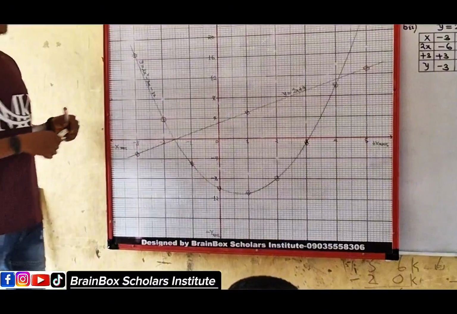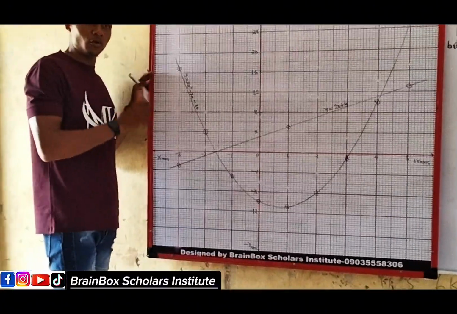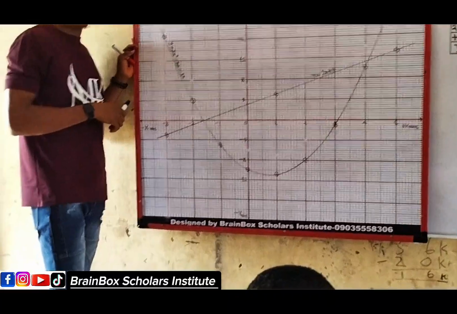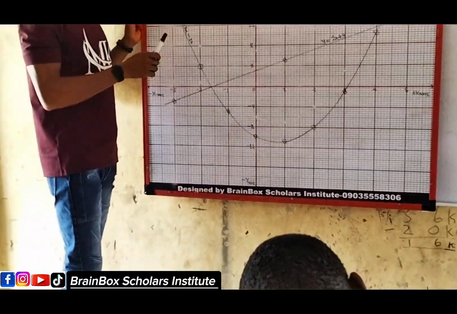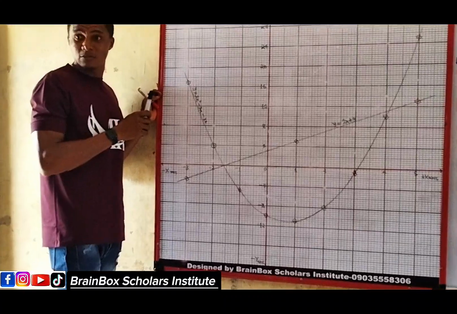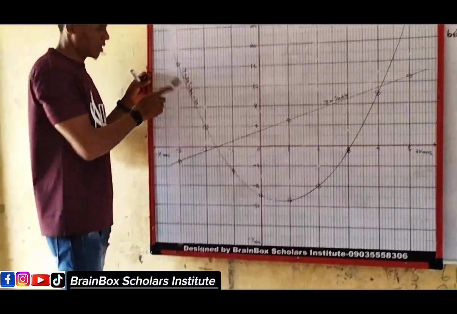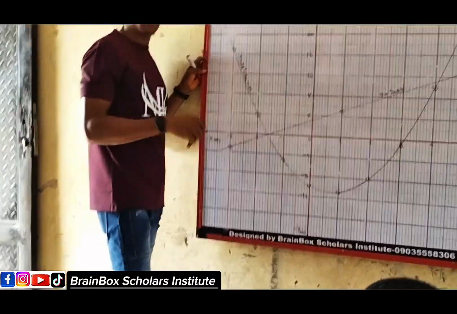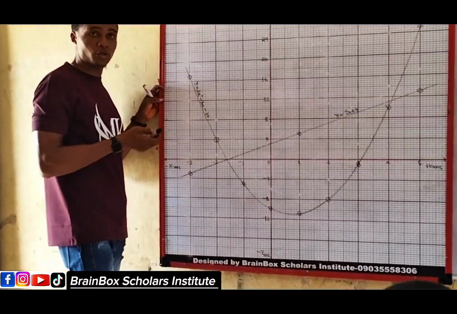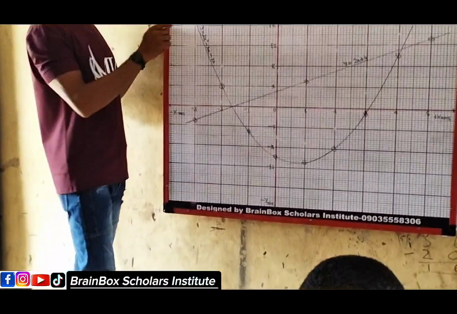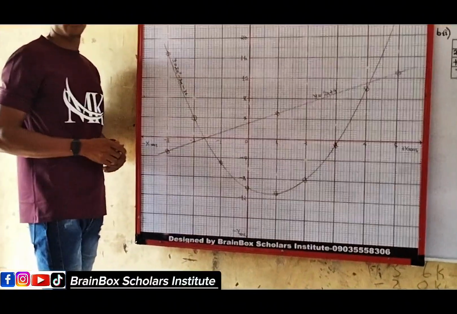Now, the reason why I'm doing all these things is to show you where the examiner will deduct marks from your work in your graph. So I'm making sure I'm not leaving any stone unturned. Once you're done with your curve, you label your curve and label your straight line, so that it will help the examiner to know which equation is guiding the curve and which equation is guiding the straight line. Am I making sense?